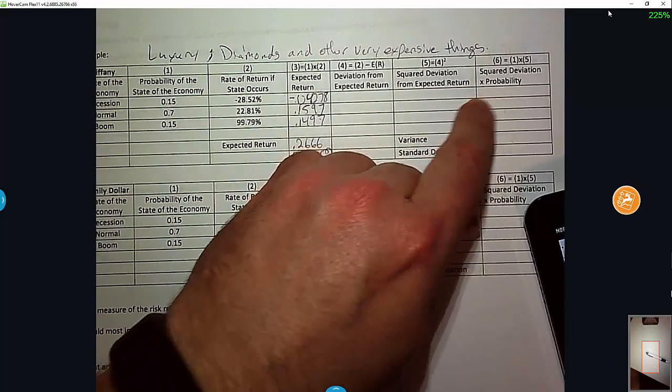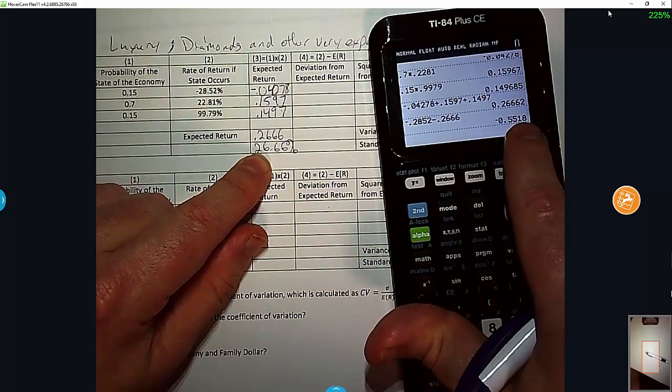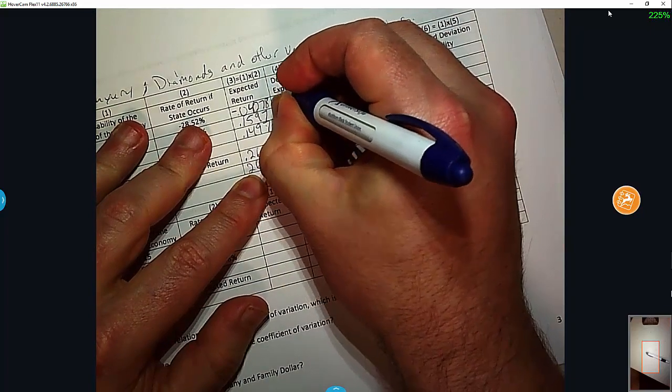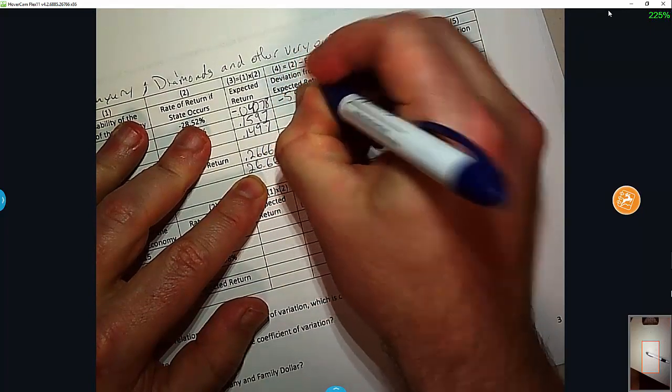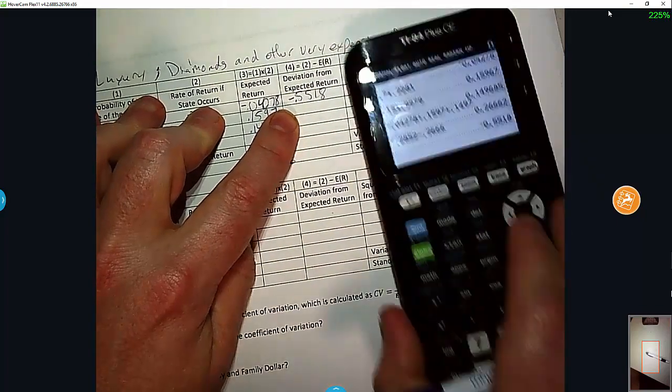Then I'm going to square that deviation, and then I'm going to multiply that squared deviation by the probability of 15%. So I'm going to take negative 0.2852 minus 0.2666. That gives me a deviation of negative 0.5518. I'm going to square this deviation.